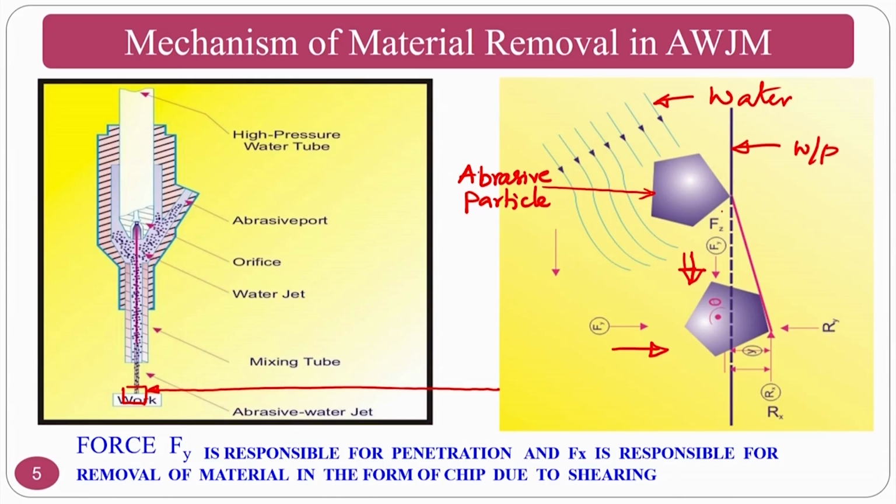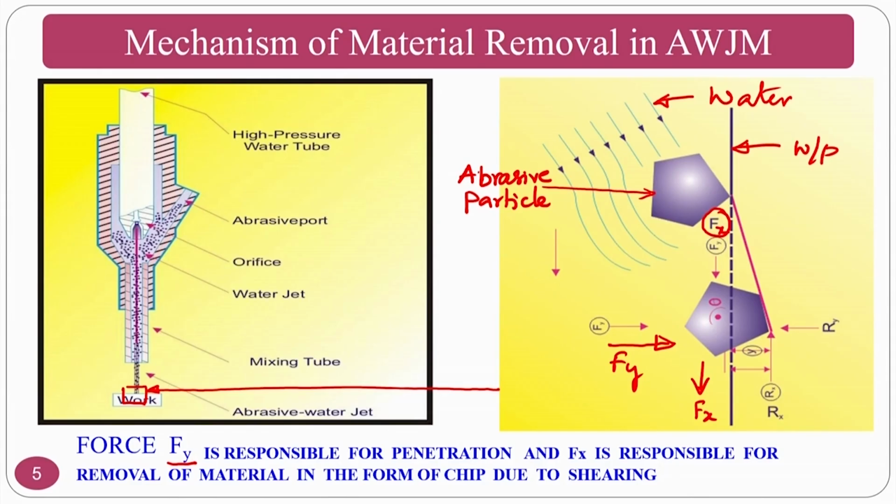see, if you can see here, force Fy is responsible for penetration and Fx is responsible for removal of material. Here assume that Fx is moving in this direction, Fy is indenting and Fx is moving in the direction of the carrier medium.